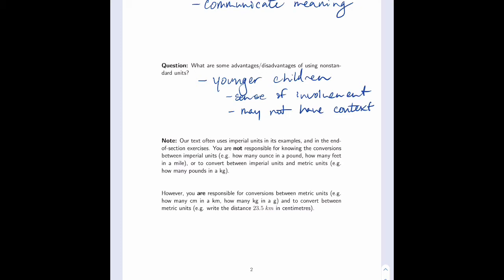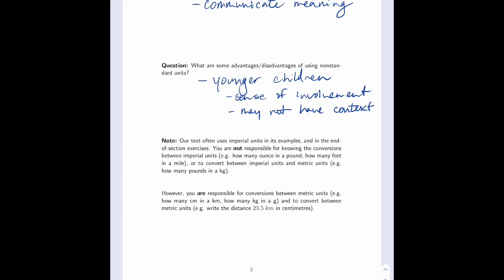And I think children who are 5, 6, 7, even 8 years old may actually have a better sense if you tell them it's about half your height. That means more to them than if you tell them it's 2 feet long or something like that.